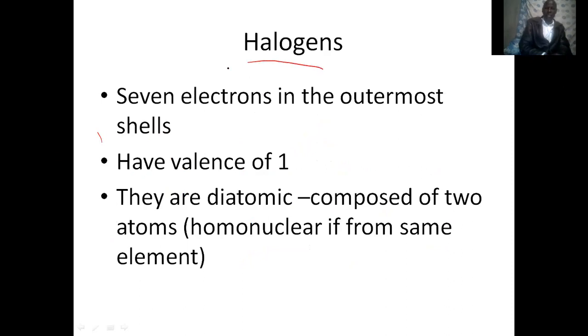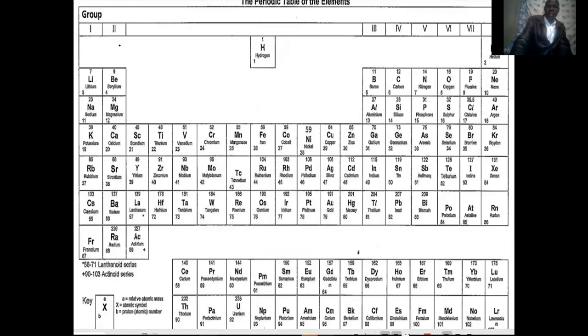Actually, we are looking at the periodic table. On the periodic table, we have halogens. Halogens are in group 7 of the periodic table. They are located just here, going down there.